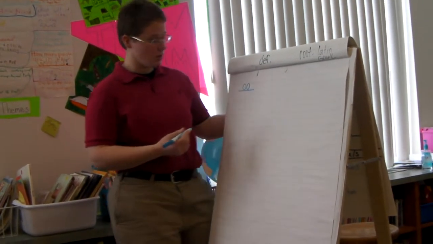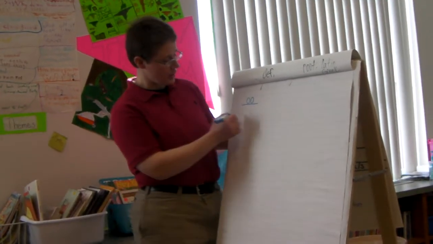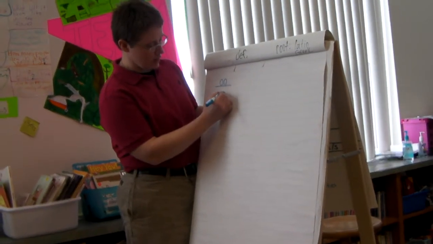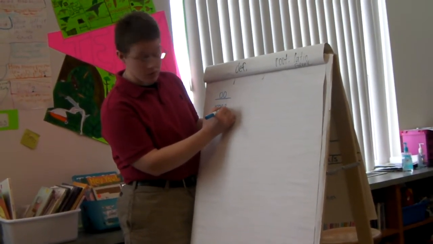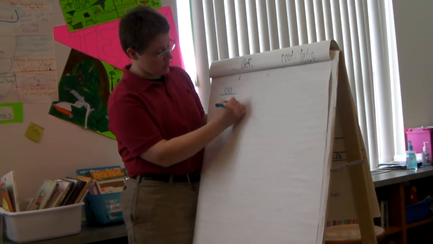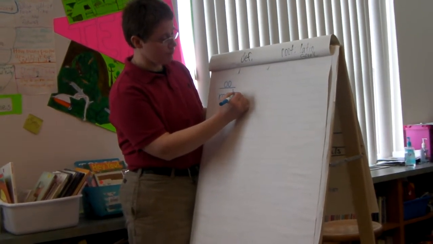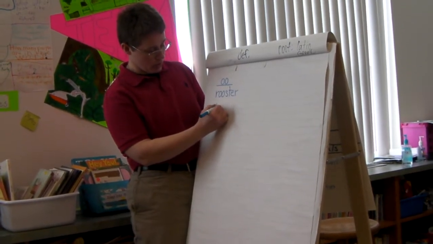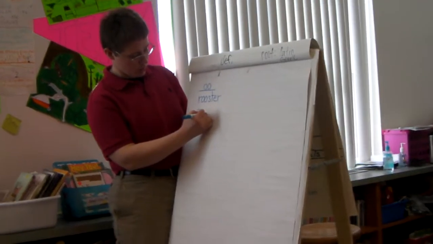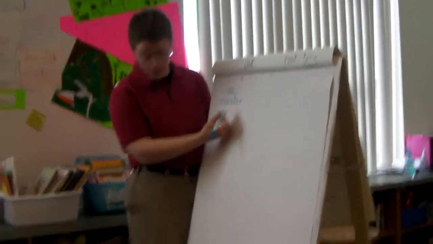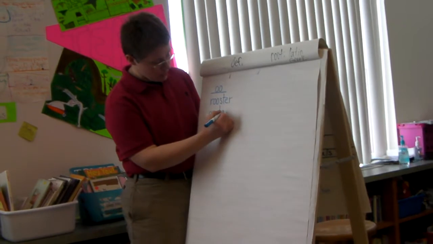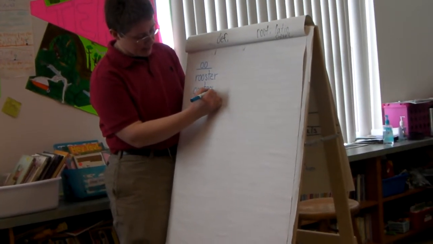So words that would go into the OO sound are like rooster. And you remember seeing rooster on your spelling list? So we've got rooster, cartoon. You know how to spell car, and then it's just putting the OO part on the end of it.